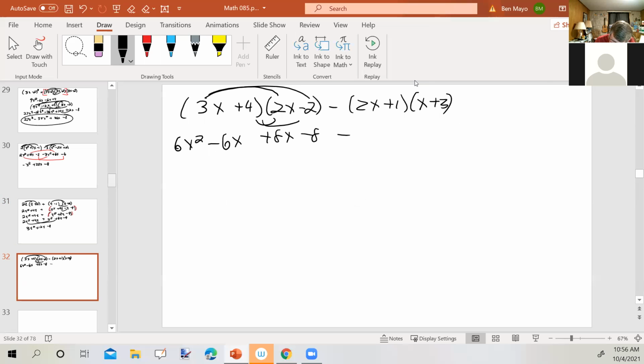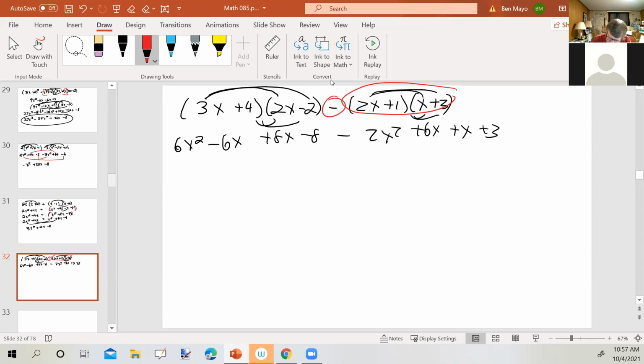And then we've got minus 2x squared plus 6x plus x plus 3. But wait a minute. Aren't we subtracting that whole product? So we need to subtract the entire result.